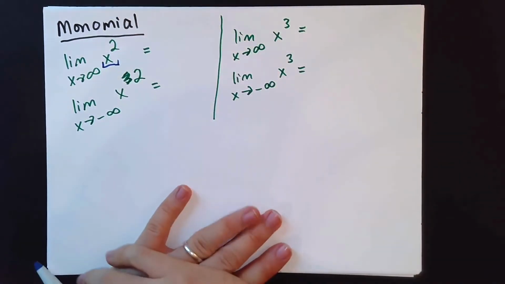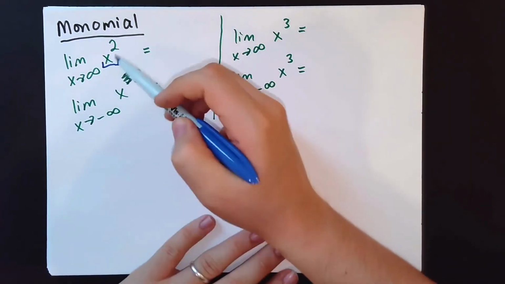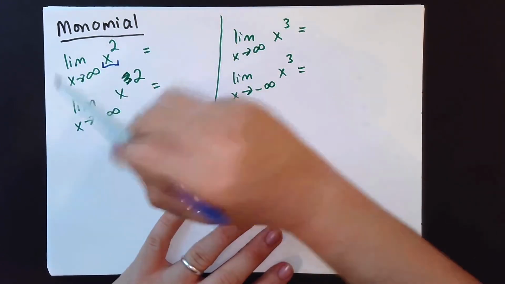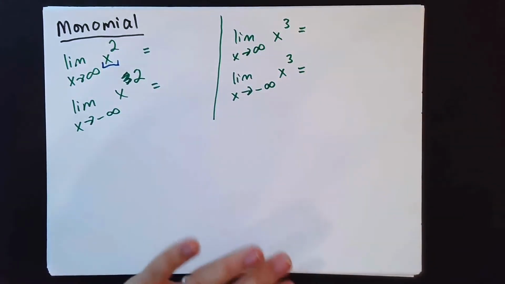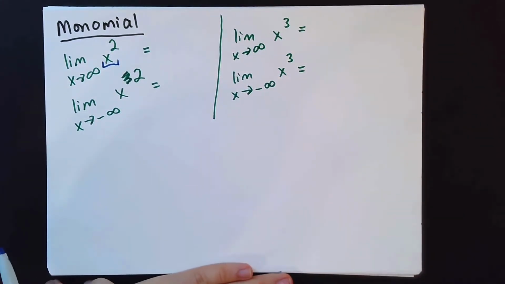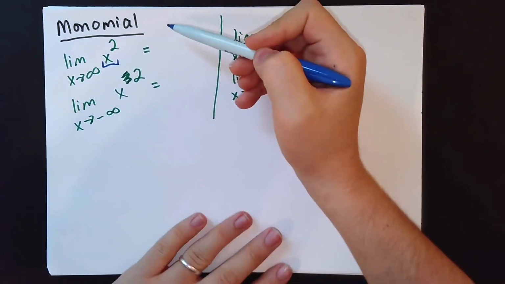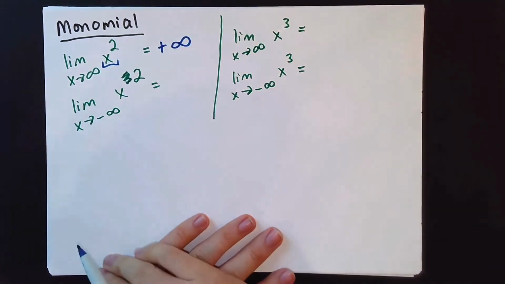So you can picture your favorite parabola, or you can think of what this is actually doing, which is taking the number and squaring it. And so what this is saying is if I take a huge positive input, what sort of number am I going to get out of x squared? Huge positive input, I would get a huge positive output. And so I will get plus infinity.